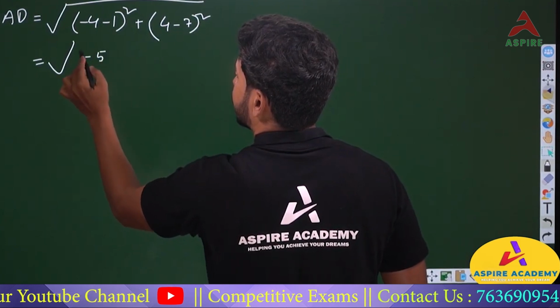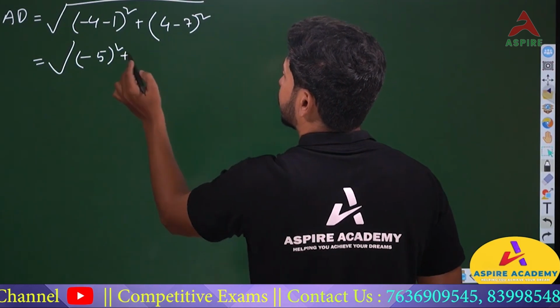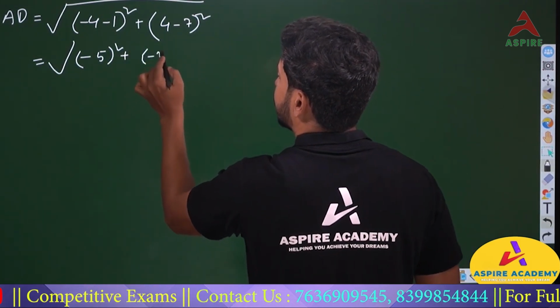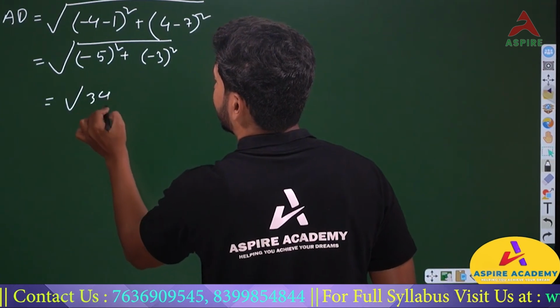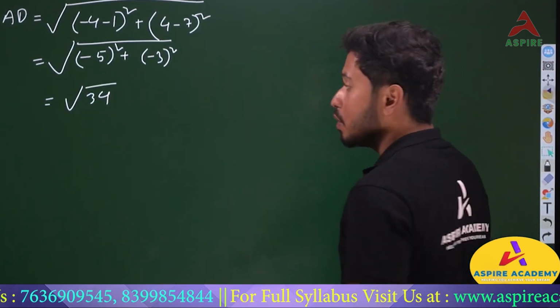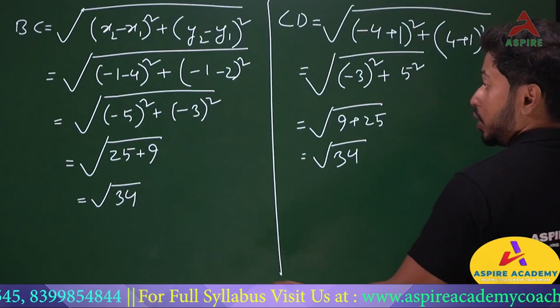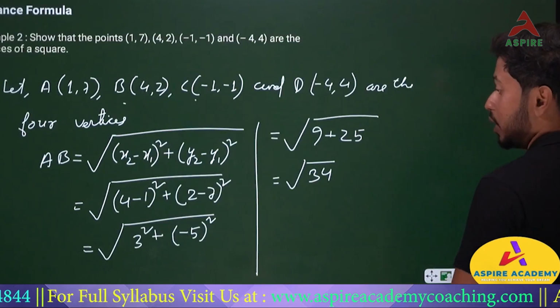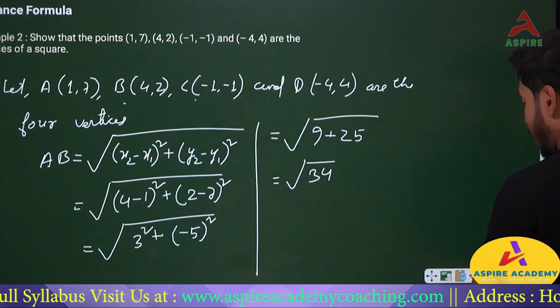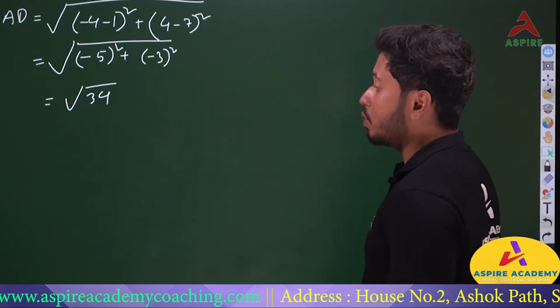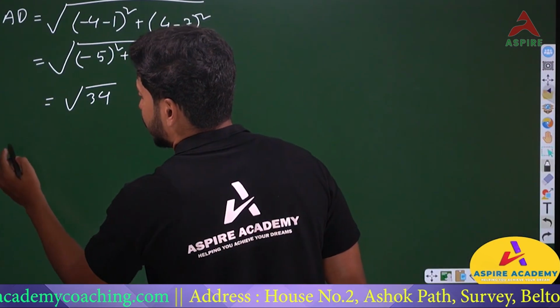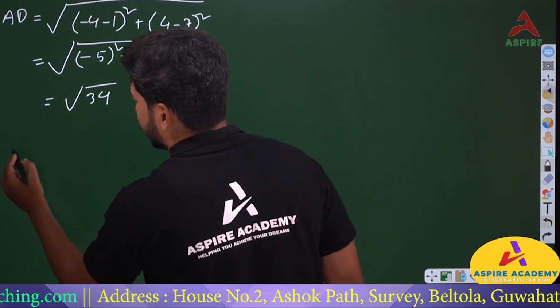So this is minus 5 square plus minus 3 square, so this will also be 34, okay. So here AB, BC, CD and DA all are equal, root over 34. Now we have to measure the length of the diagonals.